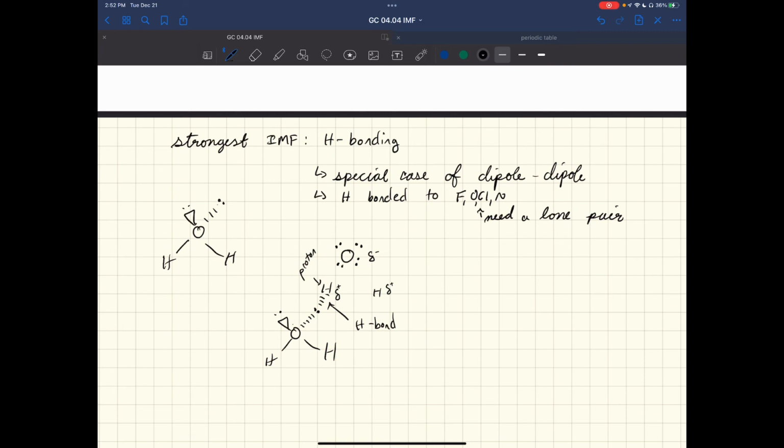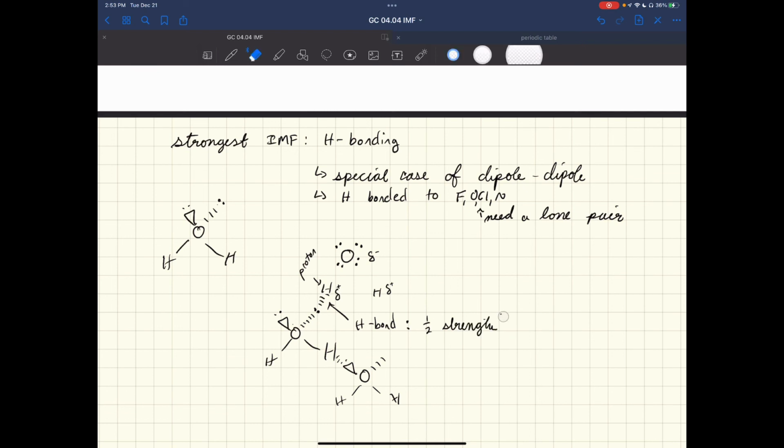Because, hey, here's another water just sitting off here, okay? And we could do that. There's just a huge network of hydrogen bonds, and these are very, very strong. In fact, they're so strong that they're about half the strength of a covalent bond.